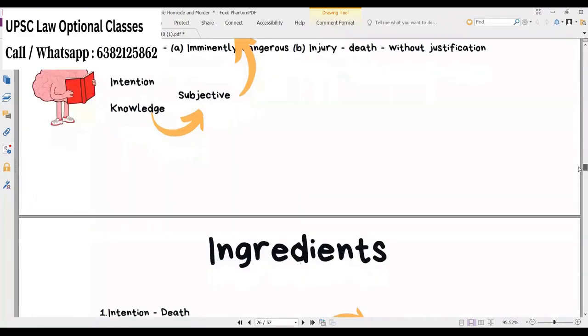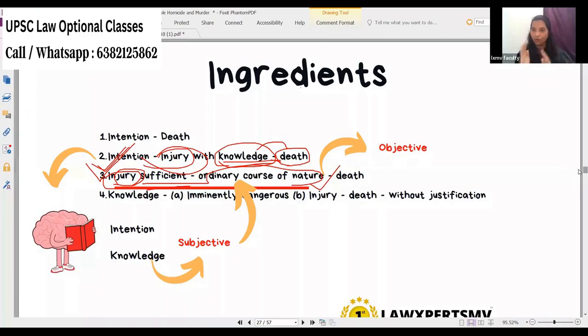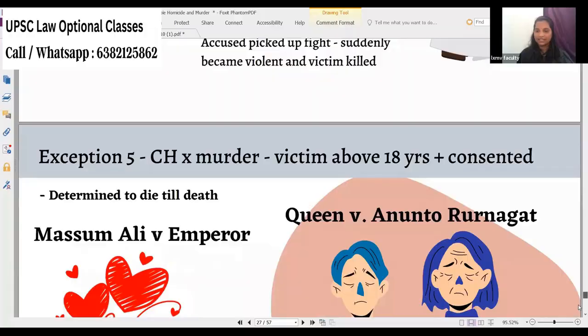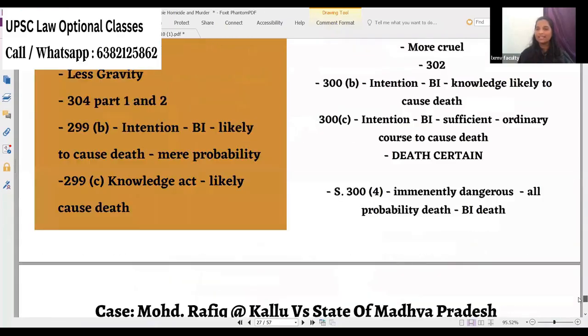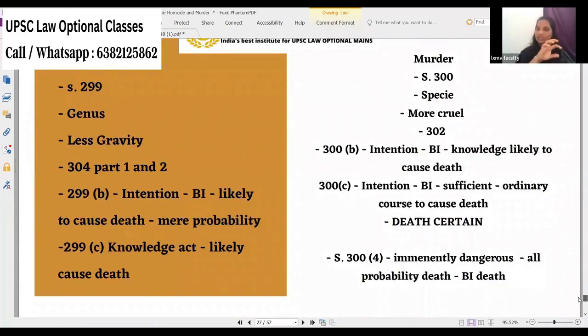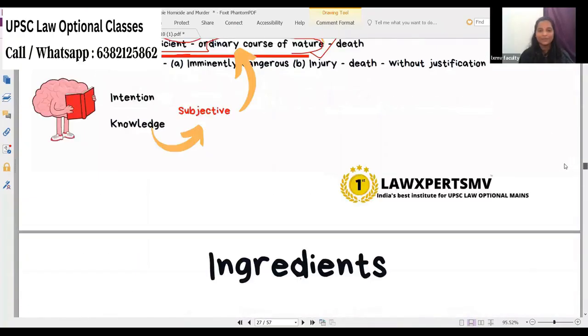Sir, we have lots of points to differentiate culpable homicide and murder. That's what we have in the final slide. I'll put up the slide. When we come there, I'll say how the first clause is actually the same, how the others are different, and why it is the same also. Please ask doubts. That's what we want.